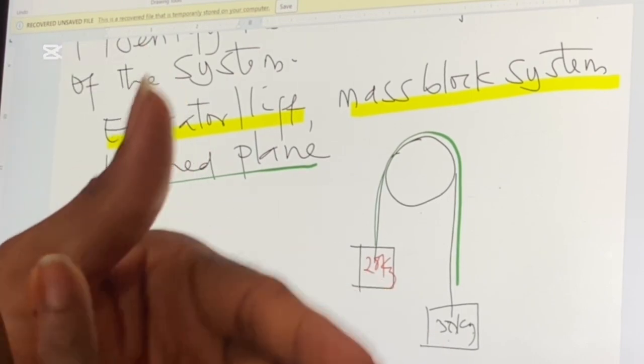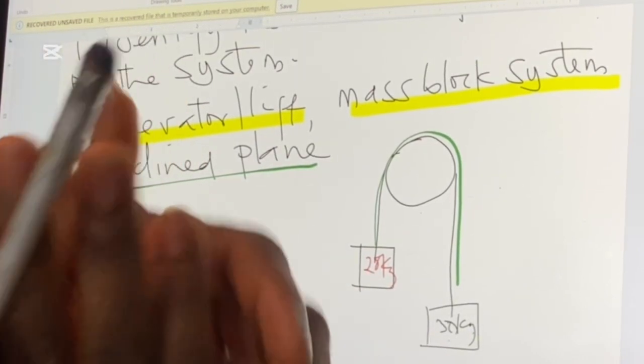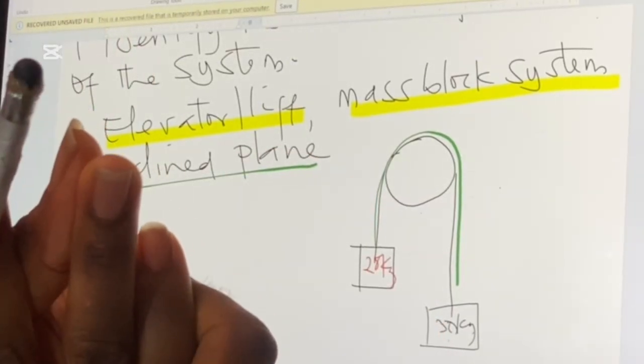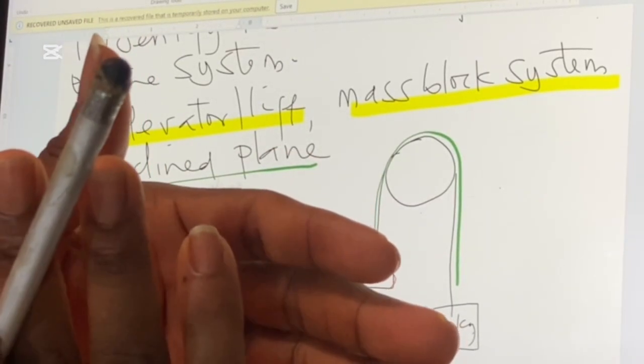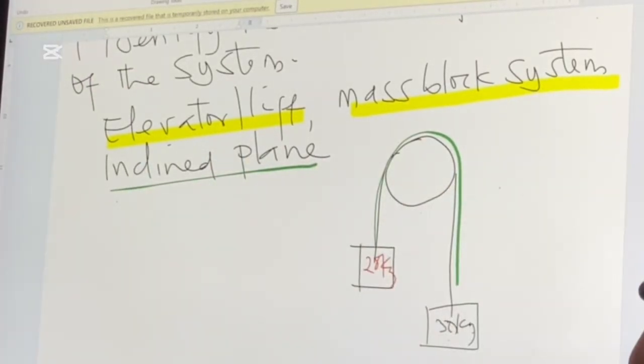If the statement is saying upwards, it means the direction of the force of the system is going up. If the statement is saying downwards, it means the direction of the force of the system is going down. Please take note.